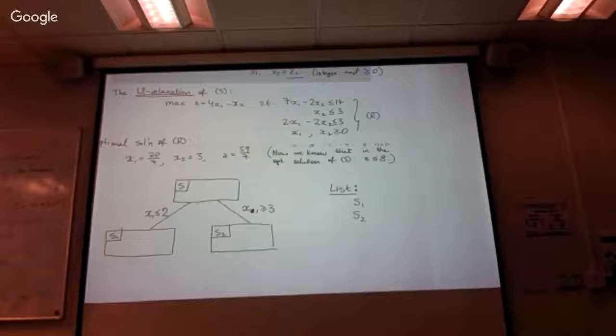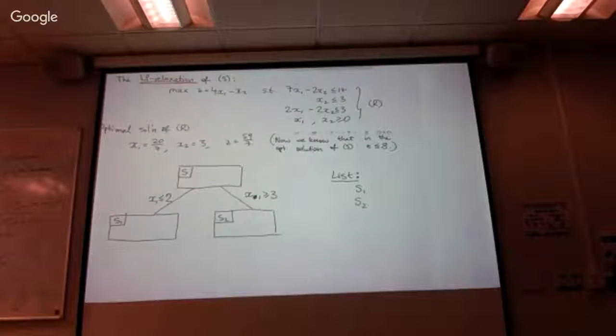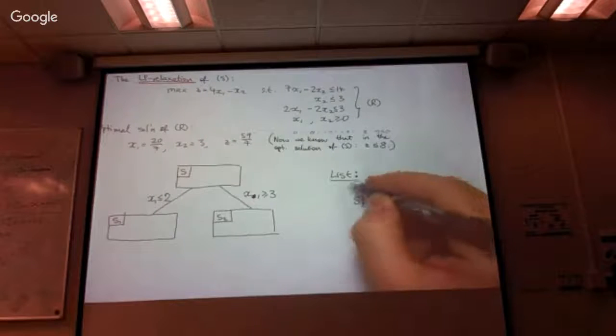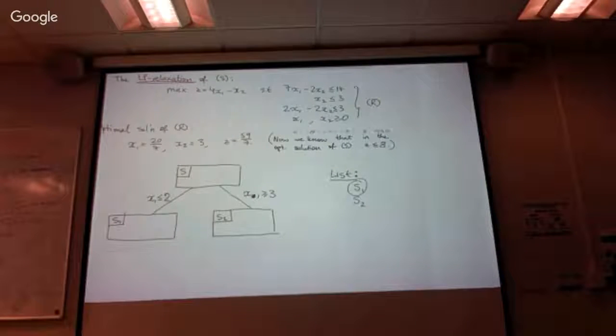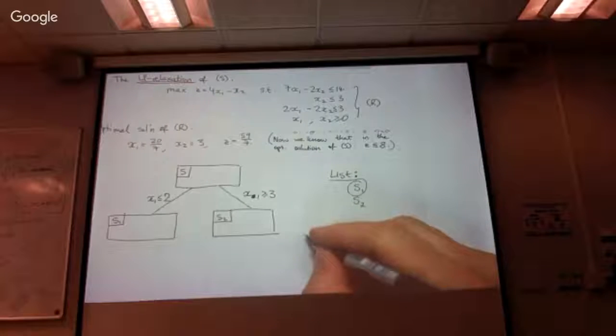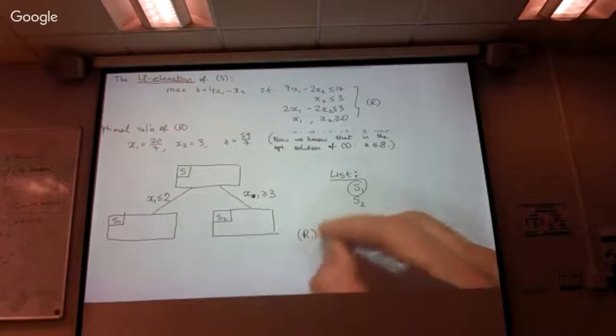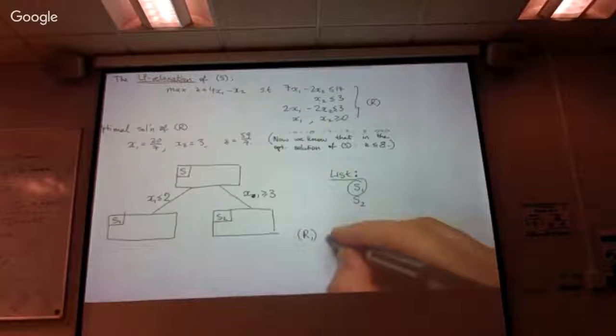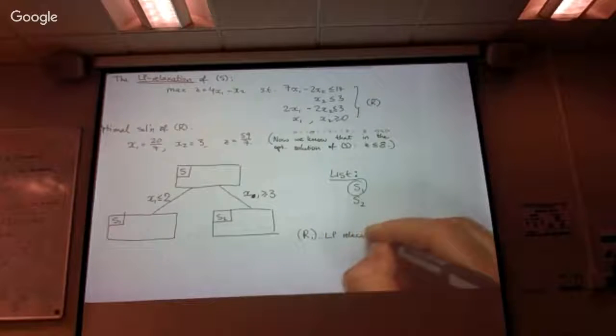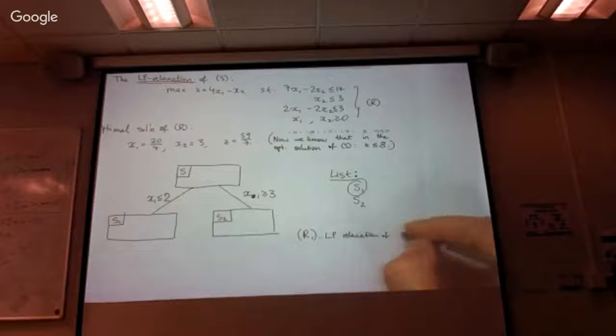So if you look at this, now we go on the list and we pick one problem. So I'll pick S1 and solve S1. So the relaxation, I'll call it R1. That's the LP relaxation of S1.